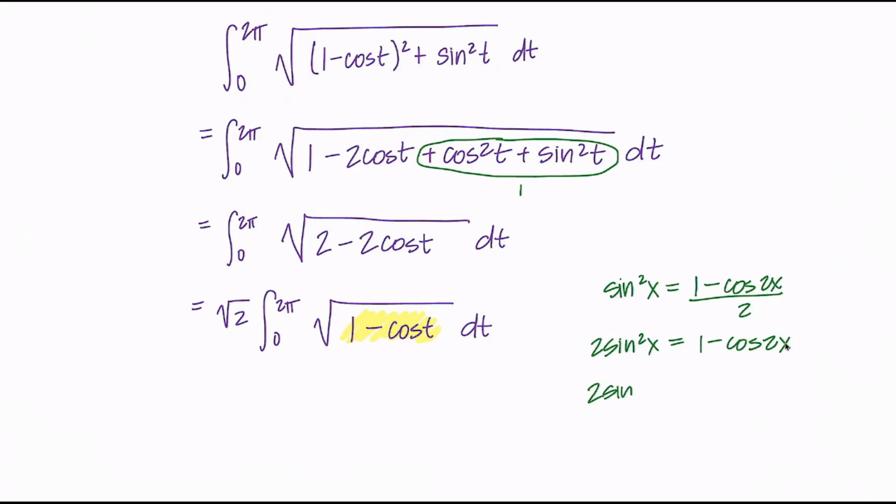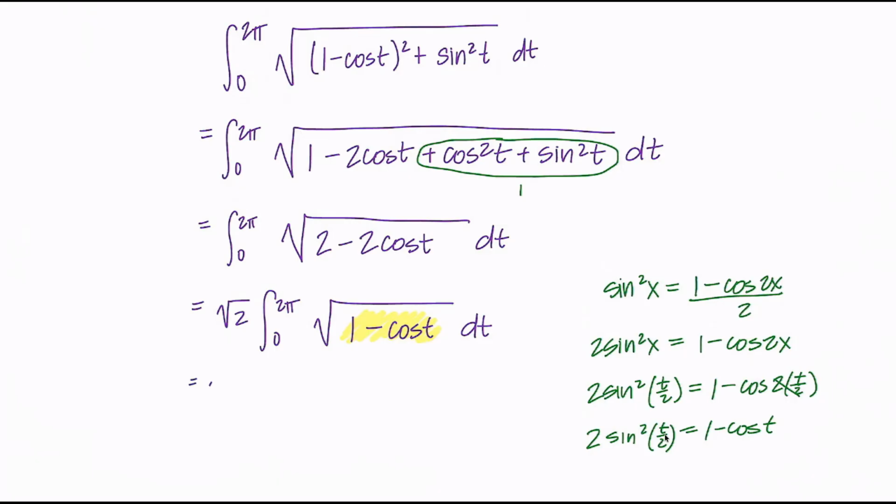So 2 sine squared of t over 2 is equal to 1 minus cosine of 2 times t over 2. Well, the 2's cancel. So 1 minus cosine of t is 2 sine squared t over 2. So let's replace this part underneath with 2 sine squared of t over 2 and see what happens.